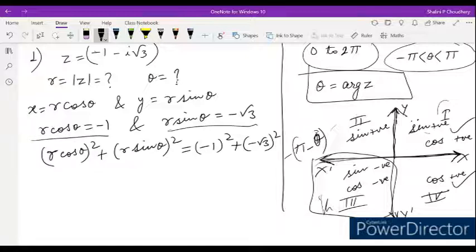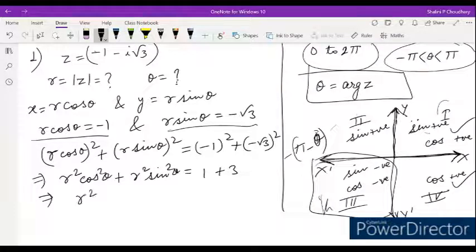So we can take r square common: r square cos square theta plus r square sin square theta will be equal to 1 plus 3. Taking r square common, we get cos square theta plus sin square theta, and that should be equal to 4.